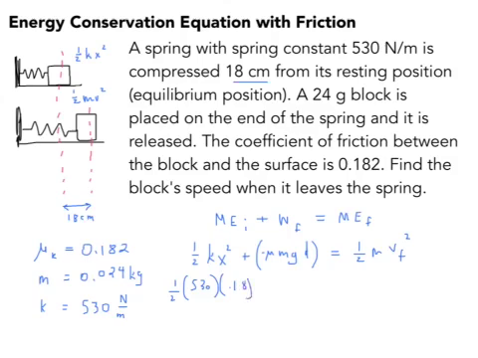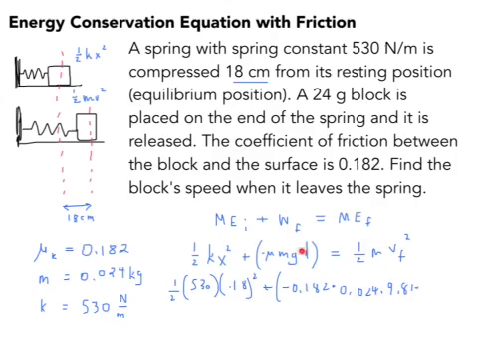So that's 0.18 squared plus a negative, mu is 0.182 times the mass, 0.024. I already converted that. Let me rewrite this a little bit neater. So there it is. We have mu 0.182 times the mass 0.024 times 9.81. And how far forward is our block moving as friction pulls it back?